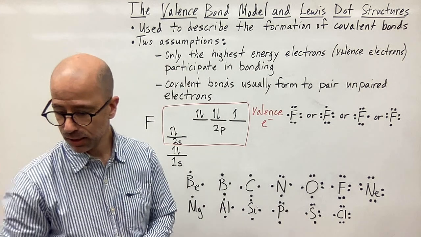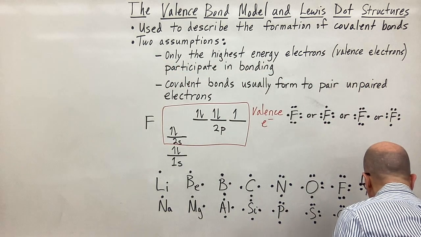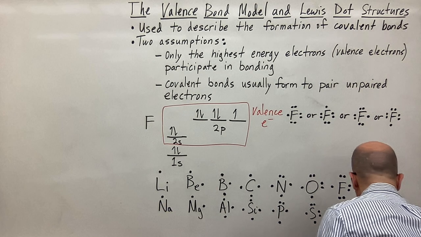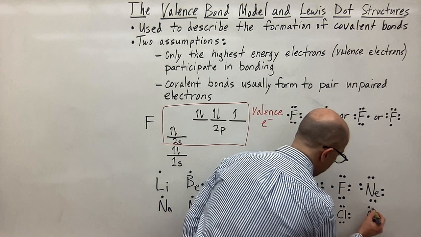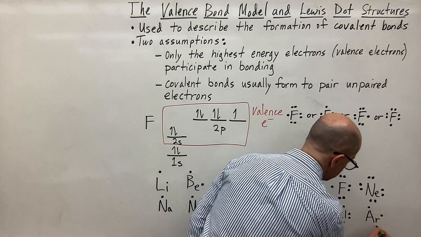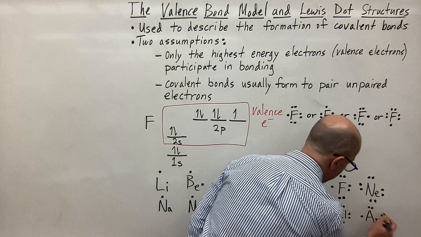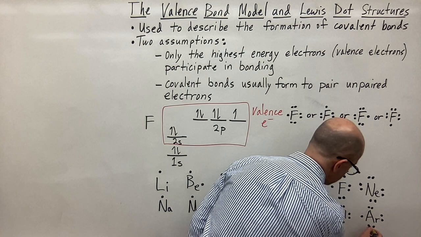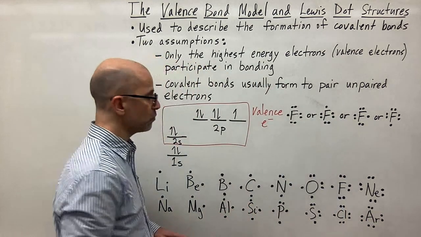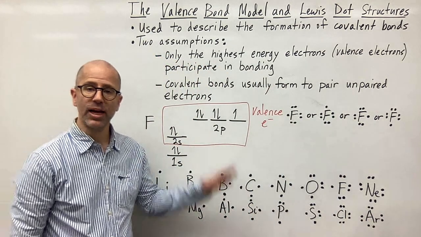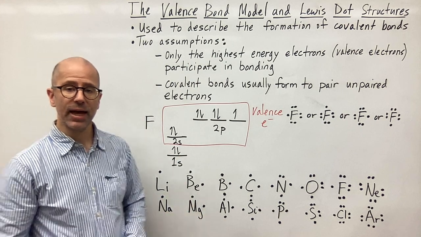And then under neon is argon, group 8, 8 valence electrons. So again, 1, 2, 3, 4, 5, 6, 7, 8. And so on for any other elements in the same groups, 1A through 8A.